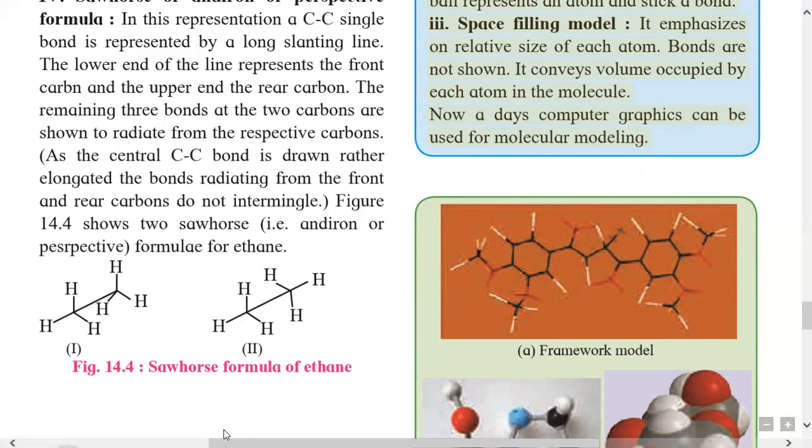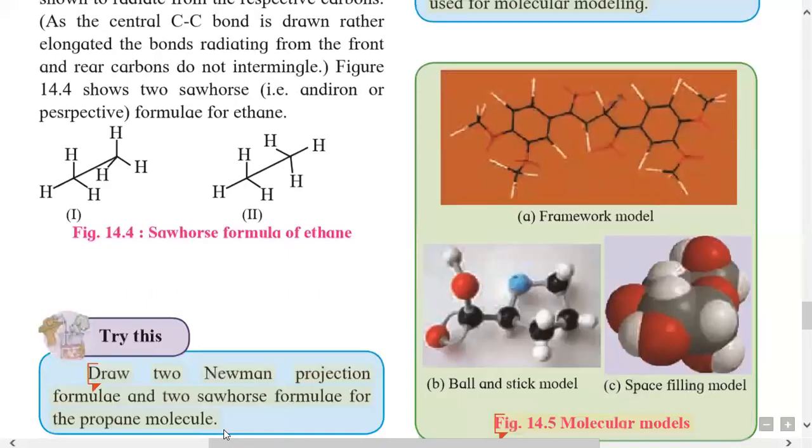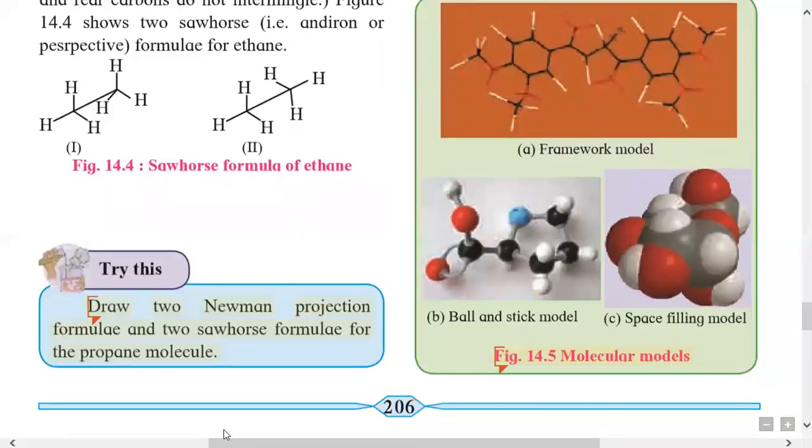Here, by keeping the front carbon at the same position, the second carbon's hydrogens are rotated through 60°. Then we can see the second structure. Now the hydrogens are clearly visible from the front and second carbon easily. So this type of structure is called the sawhorse formula of ethane.